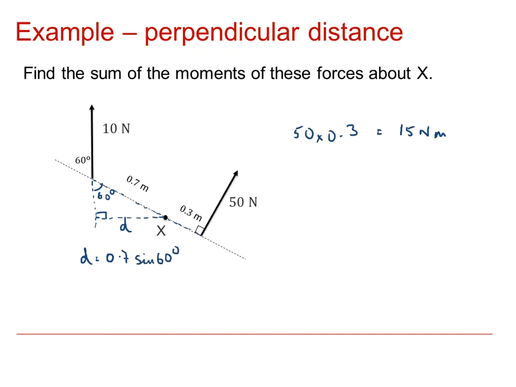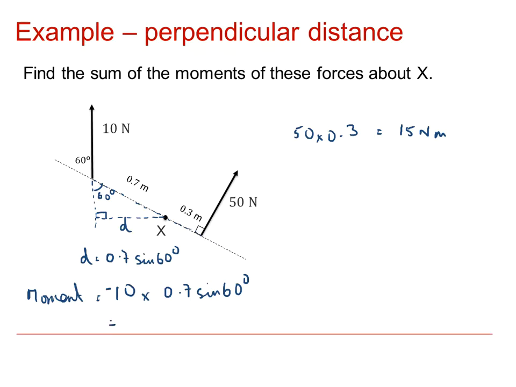And so the moment of that force will be the force, which is 10, multiplied by the perpendicular distance 0.7 sine 60 degrees. And now, because this is a clockwise direction rather than an anti-clockwise direction, we would say that that is a negative moment.